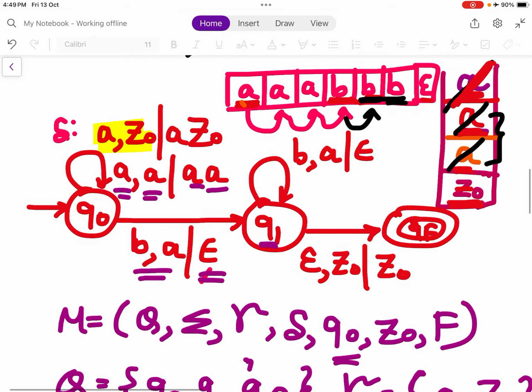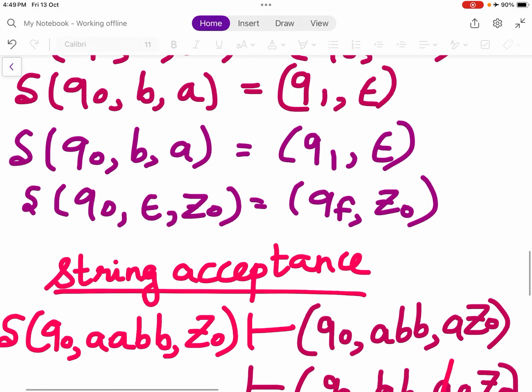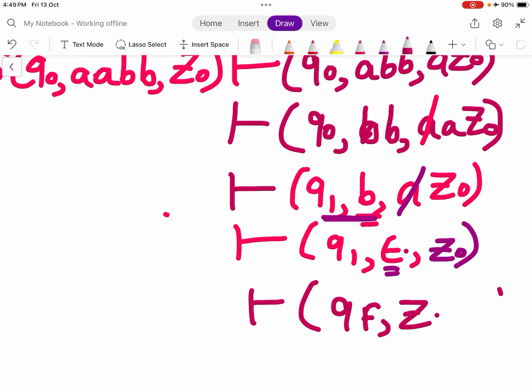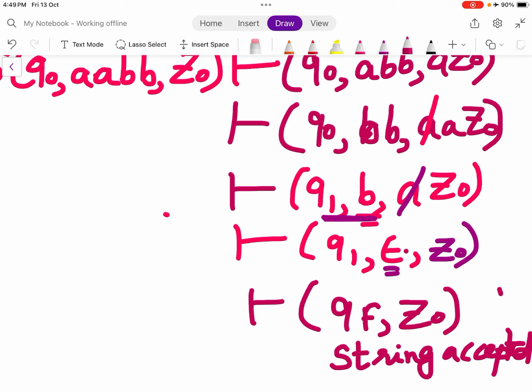Now Q1 on epsilon goes to the Q final state with Z0. This is your string acceptance because it is going to the final state, so this string is accepted.